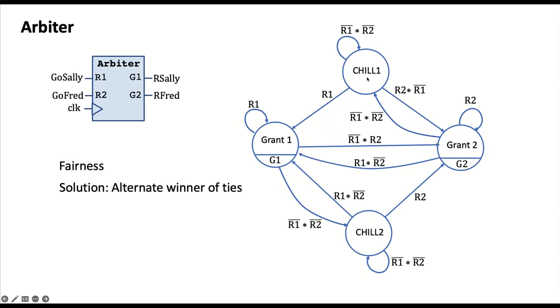So arbitrarily we'll start in chill 1. Chill 2 indicates Sally had it last, and chill 1 indicates that Fred had it last, or we're at the very beginning. So you can implement different policies about this according to your wishes.